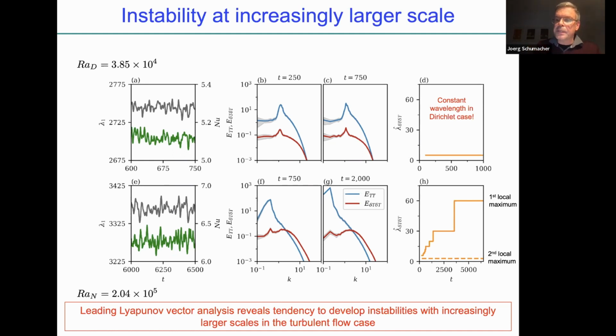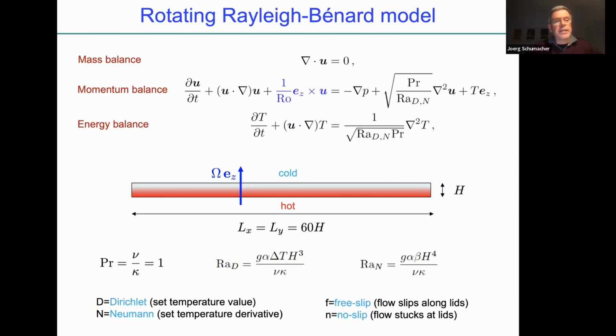This is in some sense a little bit unphysical. So we would like to have something that stops somewhere in between, not at the scale of the box size. So what does it mean? Well, it means we have to add a further physical process. And you might have already guessed that one reasonable addition would be to introduce rotation into our system.